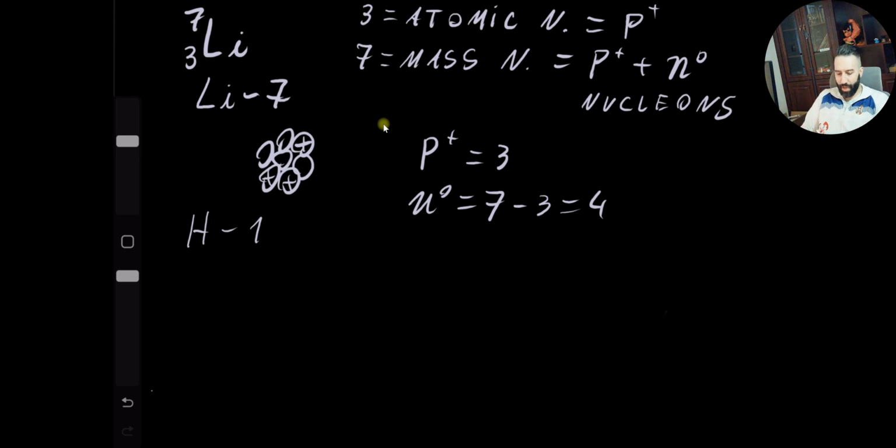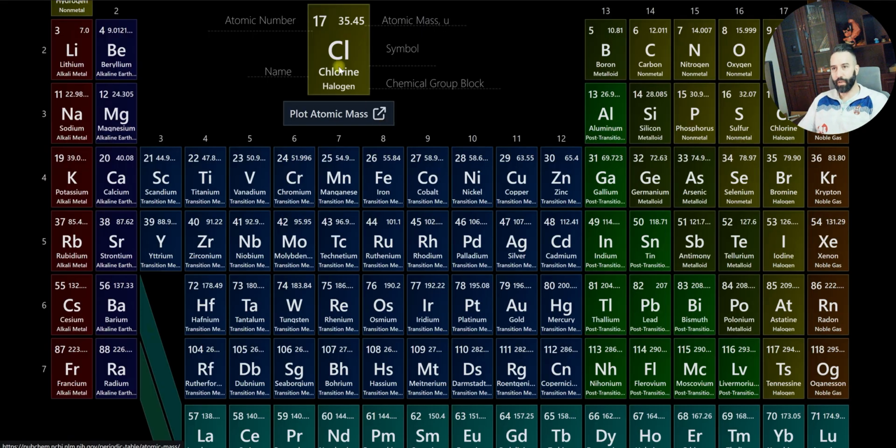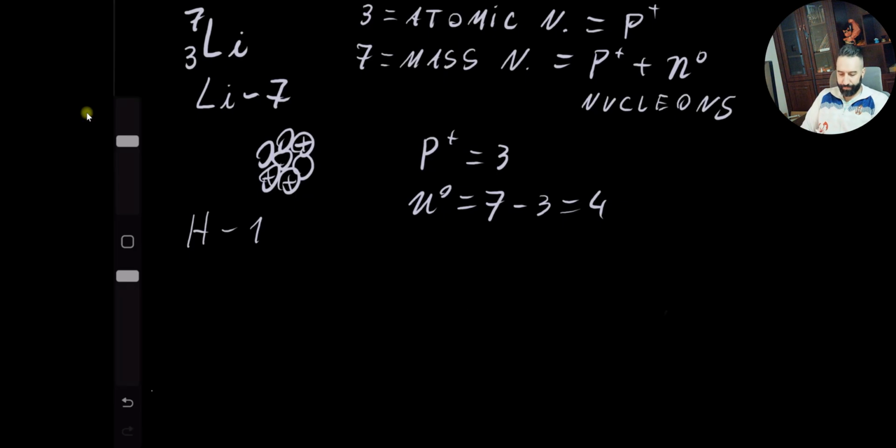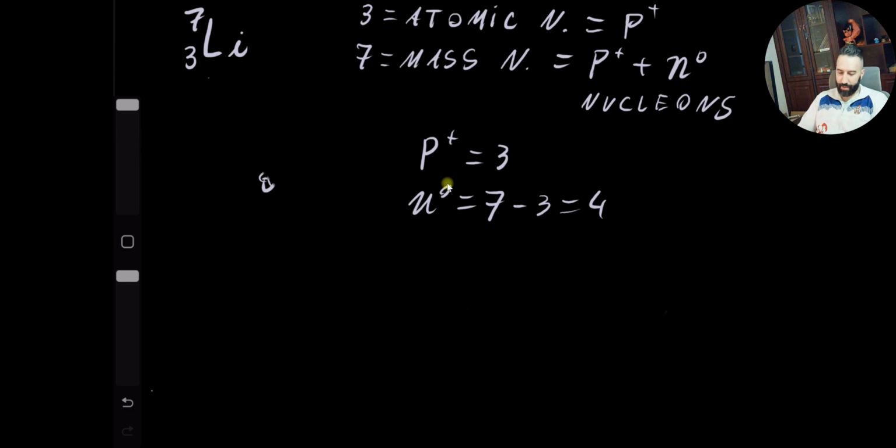And then you might notice others, let's take a random one, sodium-23. If you see something written in this way, know that the number after the dash, after the element and the dash, is the mass number. It's not the atomic number. You'll see later why.